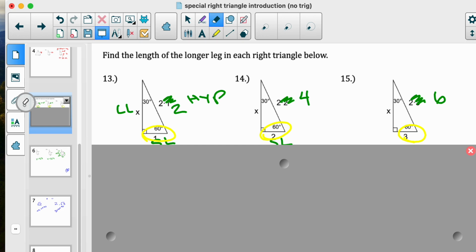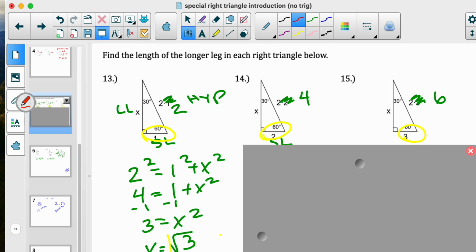It was pretty self-explanatory. But we have 2 times 1, that's just 2. 2 times 2 is 4. When you were using the Pythagorean theorem to find x here in this section, I hope you didn't leave that in multiplication form, okay? So on 13, when we use the Pythagorean theorem here, we would have had 2 squared is equal to 1 squared plus x squared, okay?